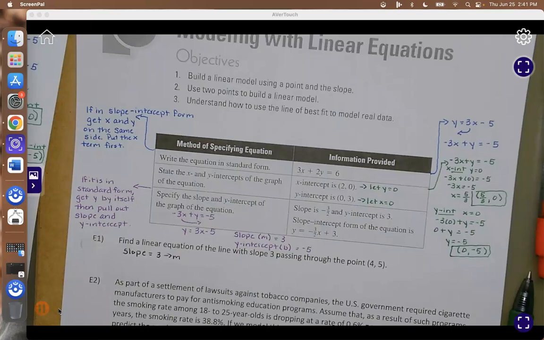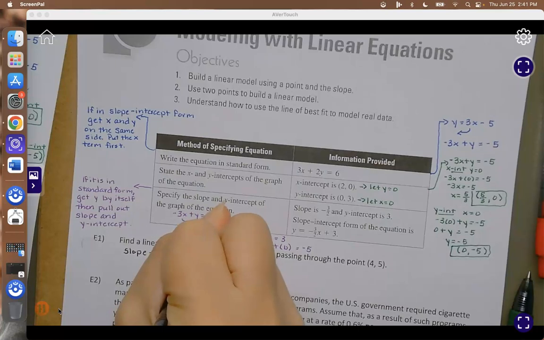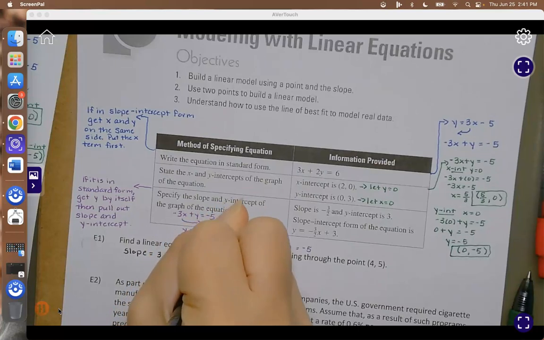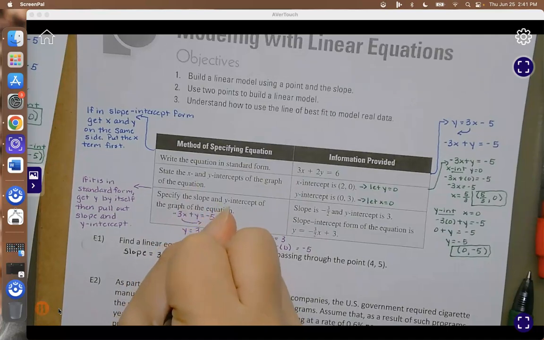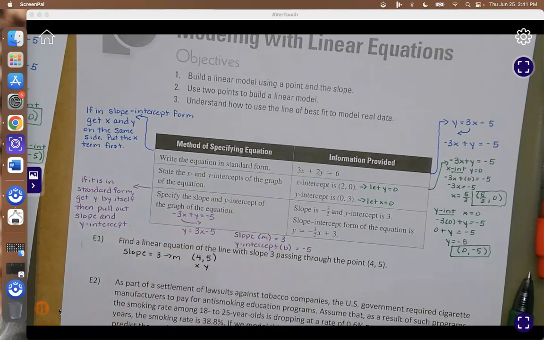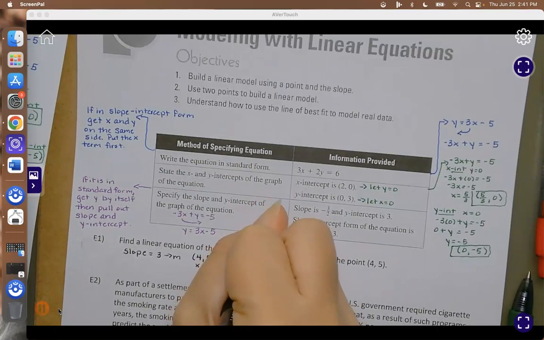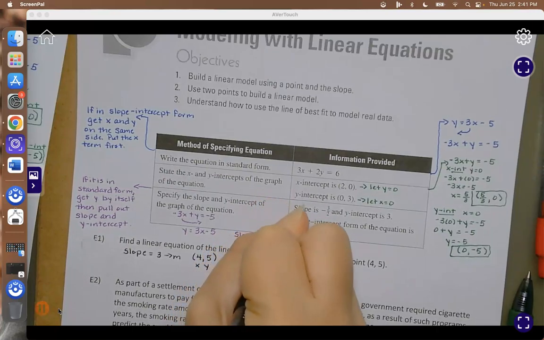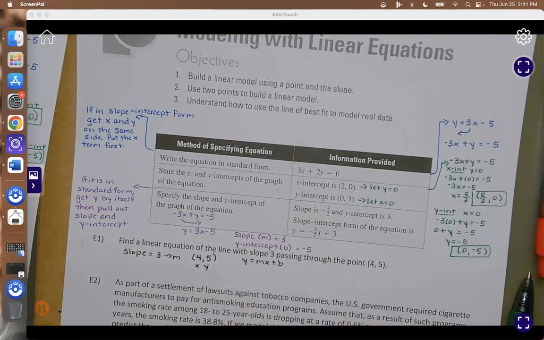Okay, and we're passing through the point (4, 5). So if they give you a point, remember in a point, the first number is your x, the second number is your y.